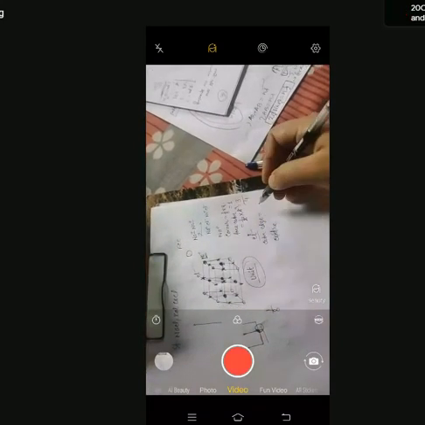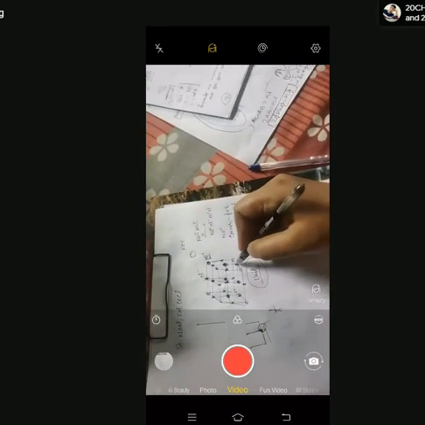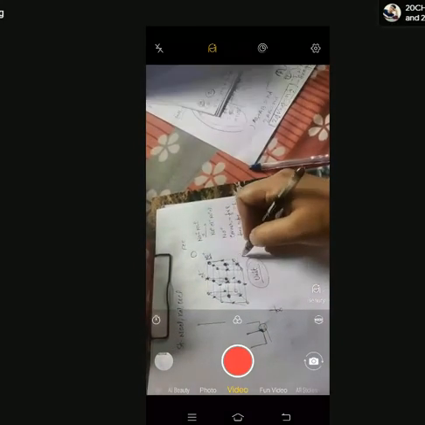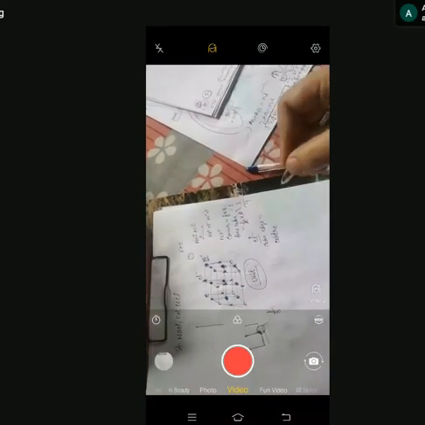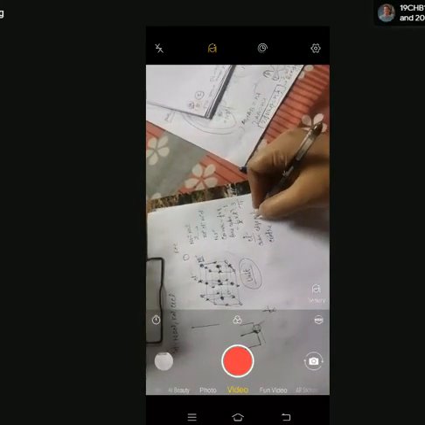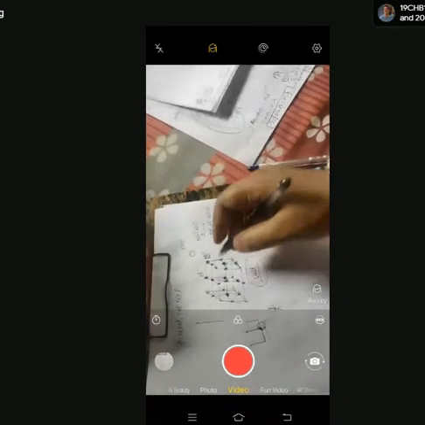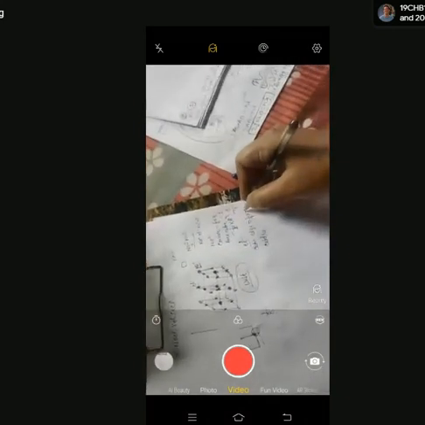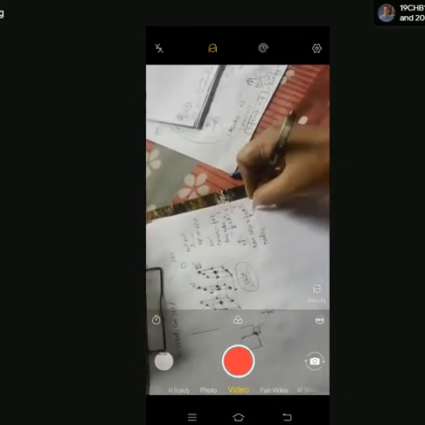Similarly, for Cl-, the edge position is shared by 4. 1, 2 here, and 3, 4 in the above. So the edge is shared by 4 unit cells, that is 1/4 per edge, and you have a total of 12 edges. So it will be multiplied by 12. So it is 3.